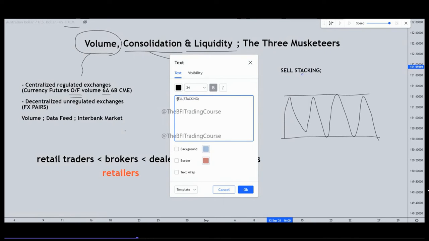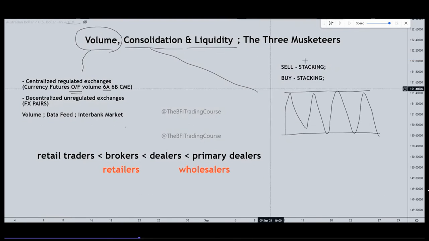Now we have sell stacking and we have buy stacking. Let's keep it real simple here. Sell stacking, you have multiple. And when we say multiple, we mean 2, 3, or more.